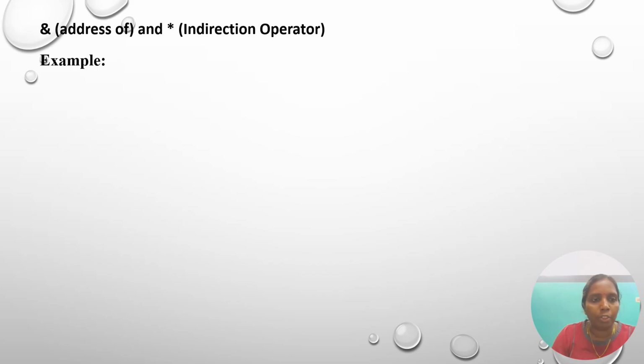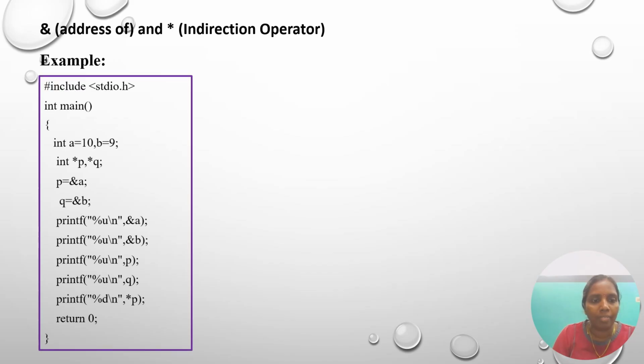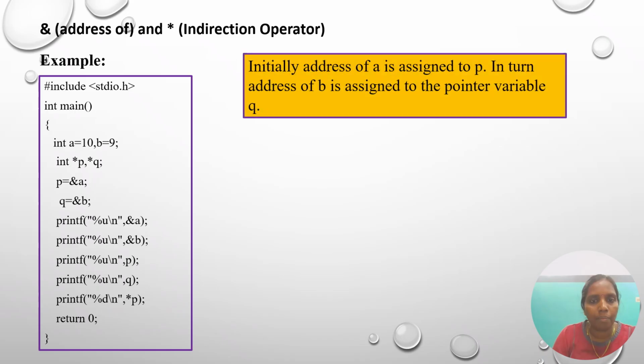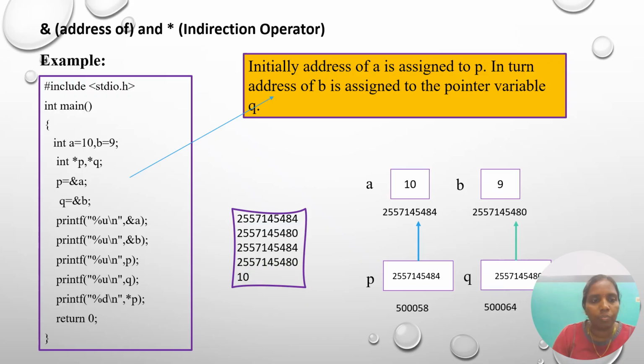So one more example showing the address and indirection operator reference. So in this case, P equal to &A and Q equal to &B.